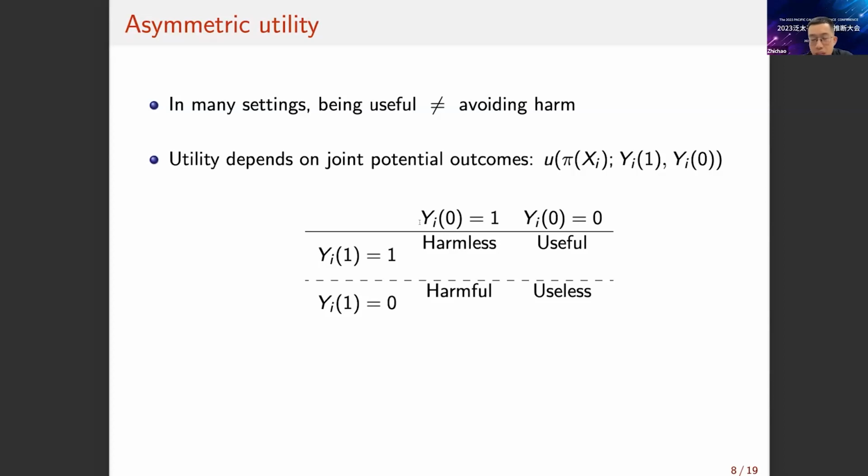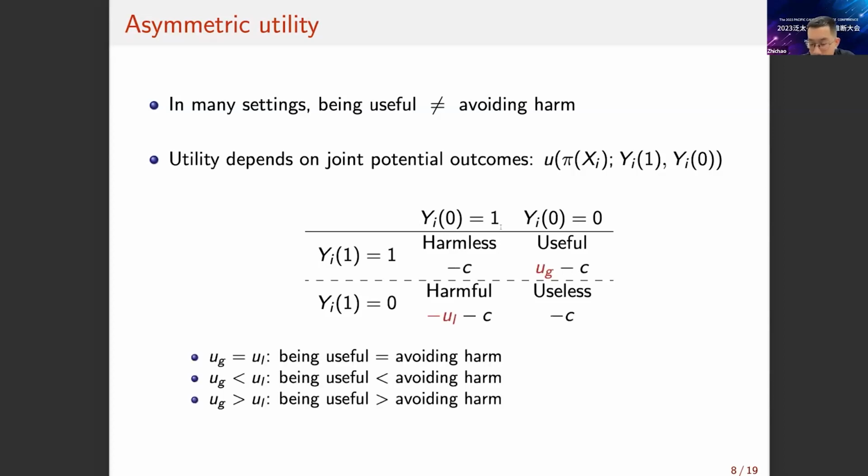It's asymmetric because the utility gain of assigning a useful treatment, denoted by UG here, can be different from the utility loss of assigning a harmful treatment, UL here. Then the classic utility becomes a special case when UG is the same as UL. We can choose different values of UG and UL to reflect different real-world scenarios.